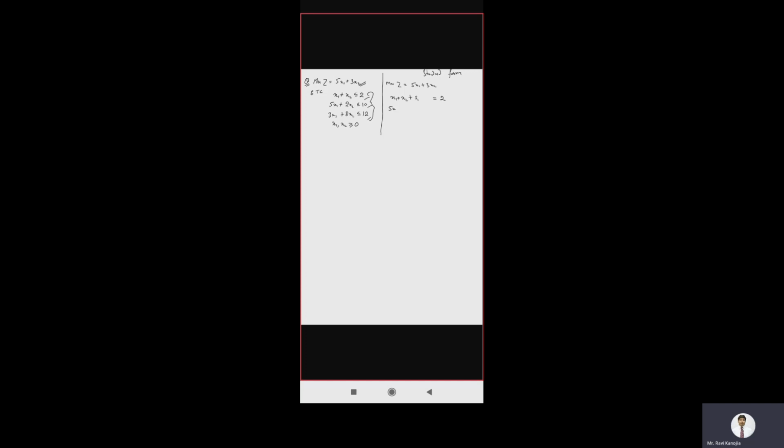And I'll write the second equation, 5x1 plus 2x2 plus s2 is equal to 10.